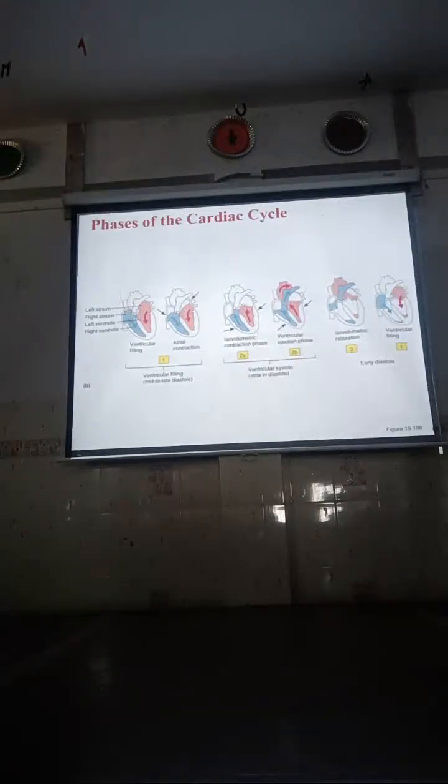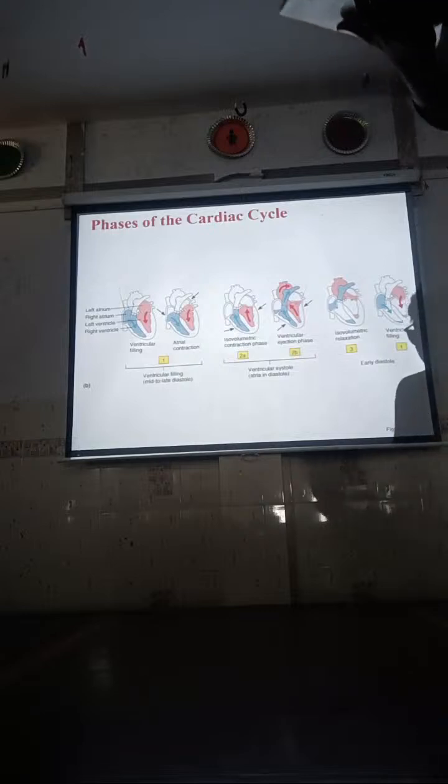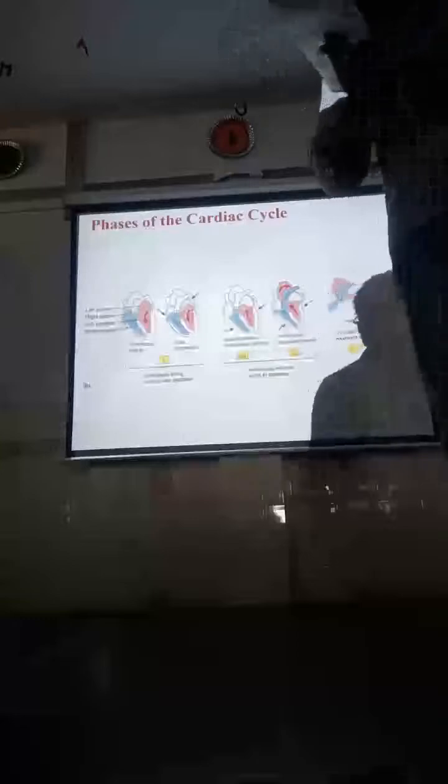Now, when we talk about ventricular events, there are two types: ventricular systole and ventricular diastole. Ventricular systole occurs in two phases. The first phase is isometric contraction, and the second phase is ejection.